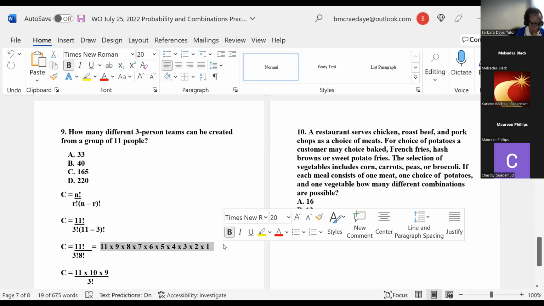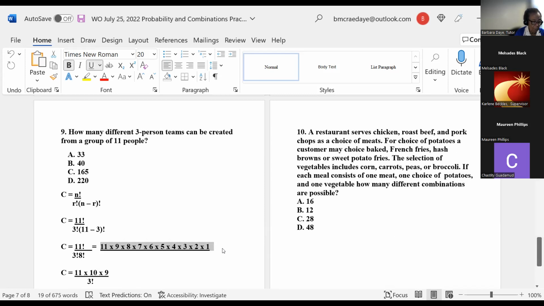I just expanded it so you could really see it, okay? So this would be 3 factorial. Now the 8 factorial, let's put this in parentheses: 8 times 7 times 6 times 5 times 4 times 3 times 2 times 1, right?